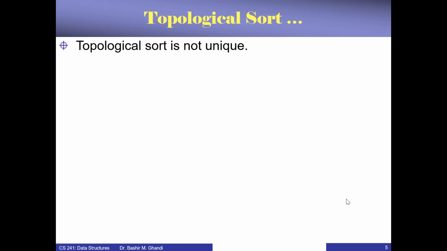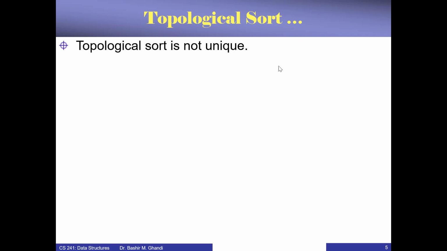Now, the first thing to note before we look at the algorithm is that topological sort is not unique. This obviously should be clear to you as students. As you know, there are many ways you can register for courses. Even though they have prerequisites, two students may not always follow the same sequence.